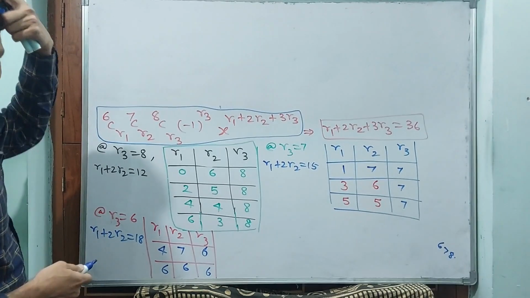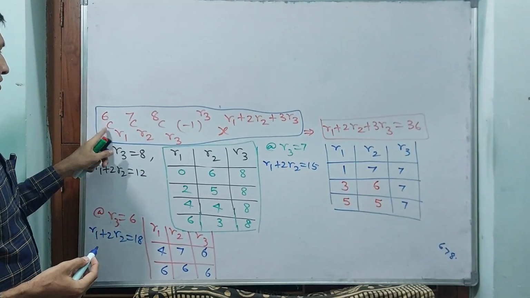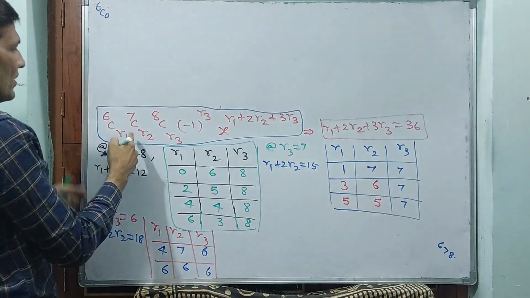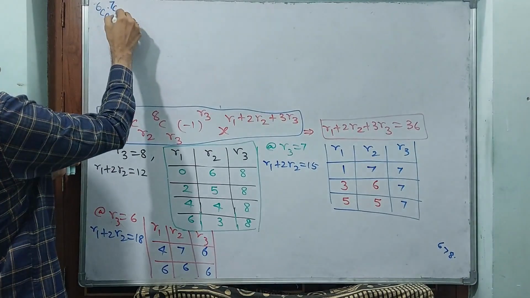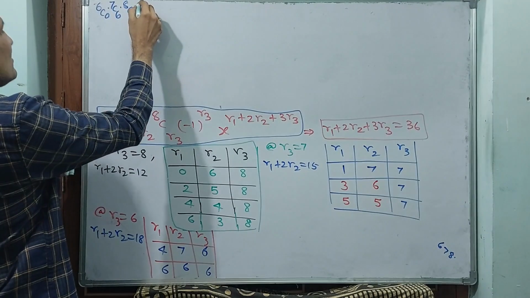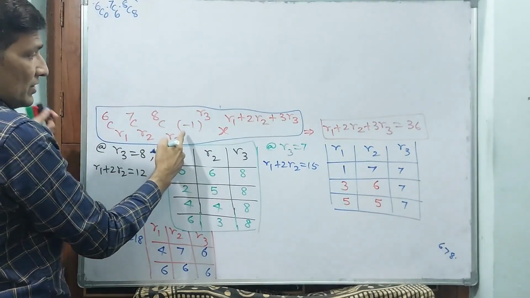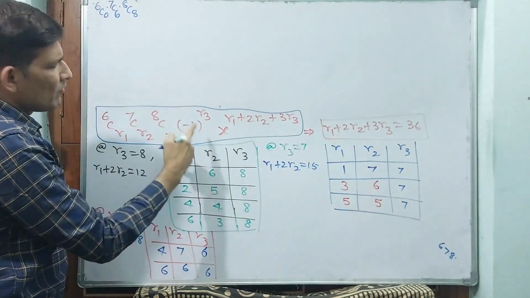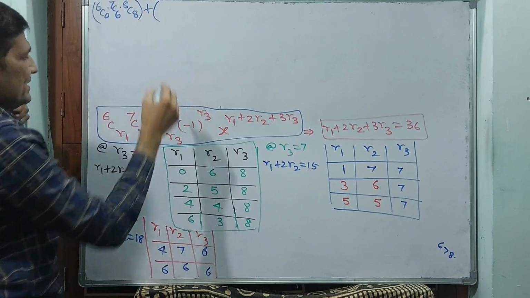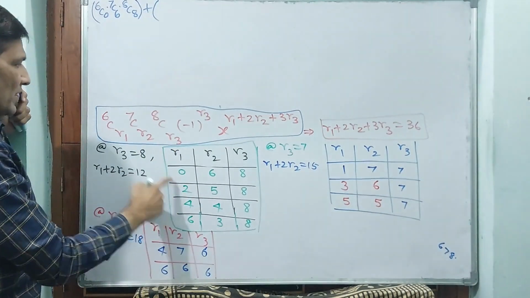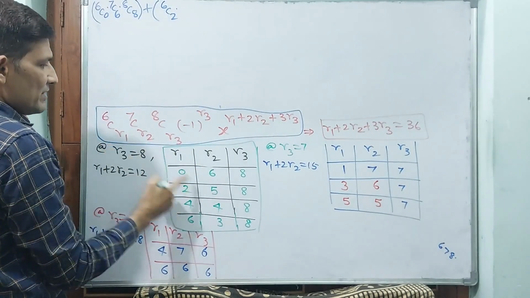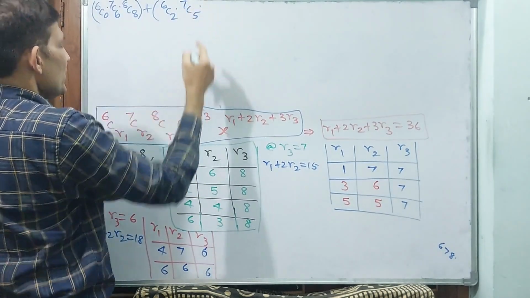Now R1 is 0 means 6C0, write down. 6C0 into 7C6 into 8C8. This is the first one. Minus 1 power 8 is 1 only, that is why I am not writing it. Plus second one, 6C2 into 7C5 into 8C8.